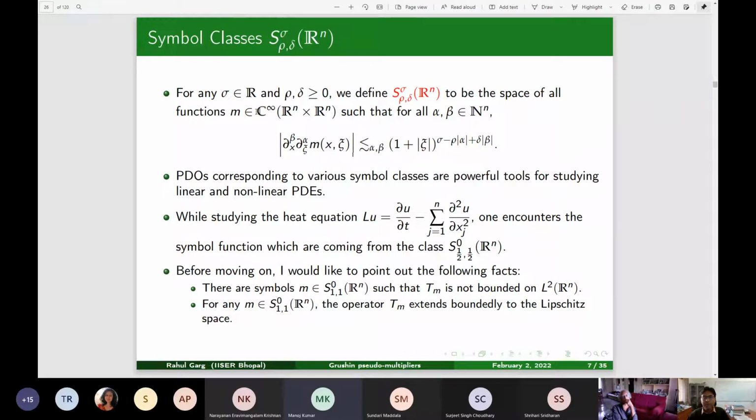Even though we are writing this condition saying that for all alpha, beta it happens, one can make a guess that it may not be required that you need all. This is again a matter of great research, how many derivatives does one actually require. I may not be going into those finer details, but there are well-established results, and this is one of the topics where many people have contributed greatly.